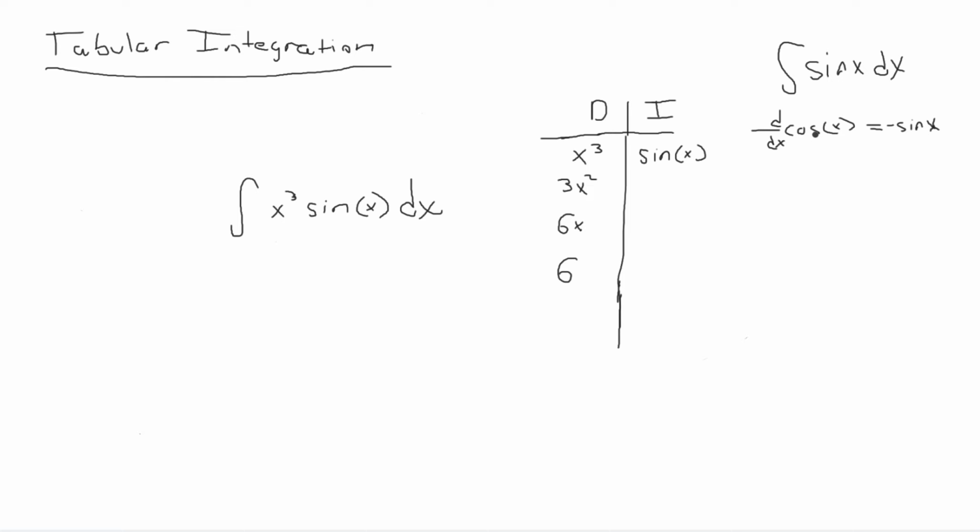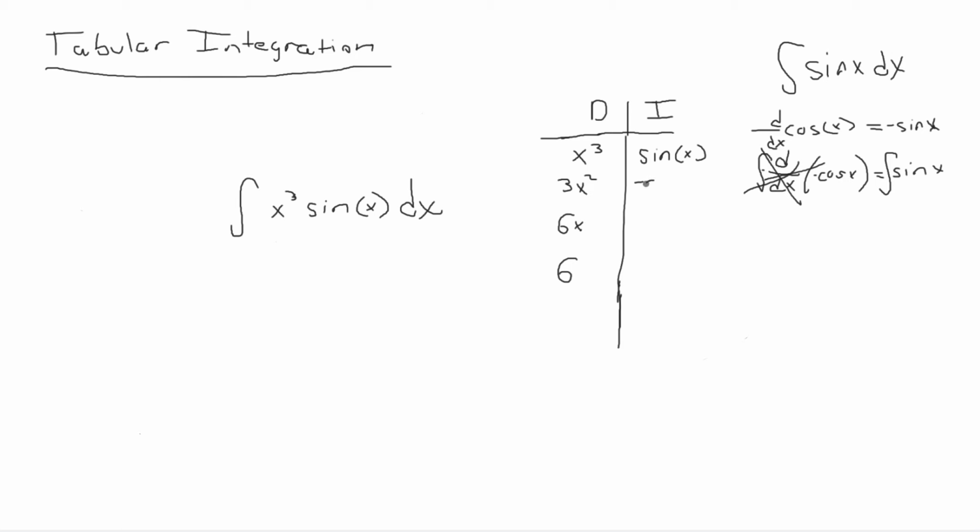So if the derivative of cosine x is negative sine x, then that means the derivative of negative cosine x equals sine x. And so the integral is the opposite. So the integral, and these will cancel out. And so the integral of sine x is negative cosine x.